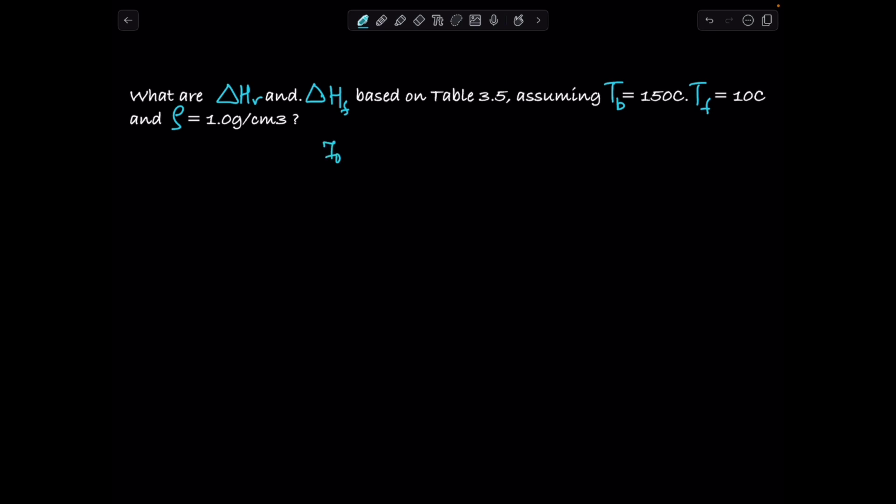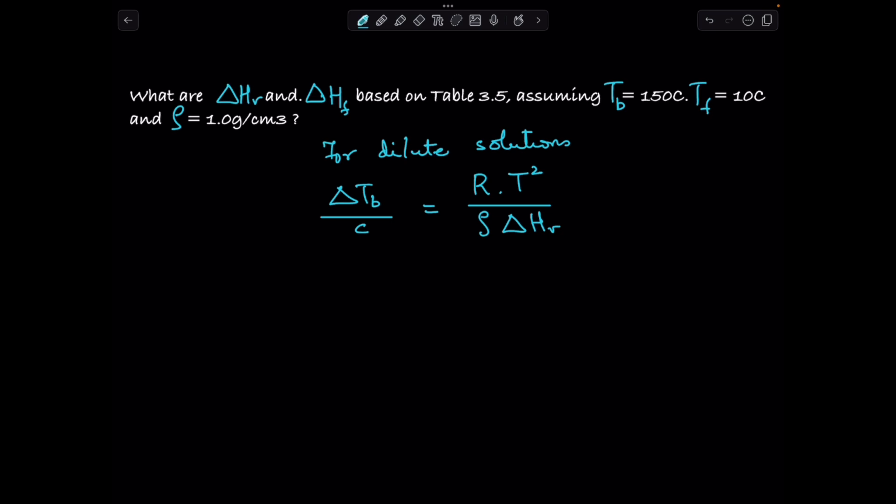For dilute solutions, delta TB, the elevation in boiling point, over C, where C is the concentration, is given by R, the universal gas constant, times T squared over rho delta HB times 1 over Mn.